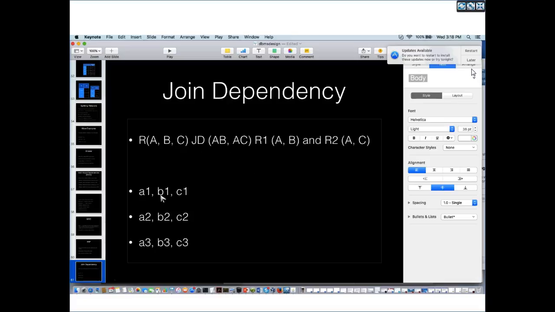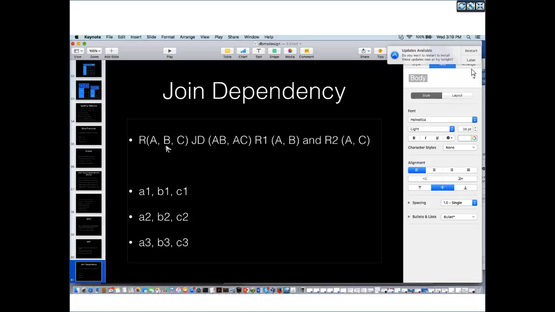Now there is some set of tuples in R. Now take the AB of this and take AC of this. Okay? Now if you join both these R1 and R2, you will get the original table. In which case, we will say that there is a join dependency in this relationship, a join dependency between AB and AC. That's what we mean by a join dependency.